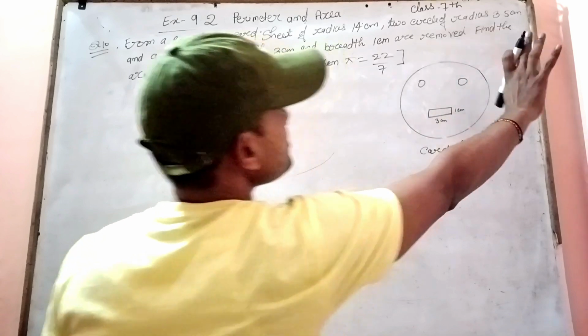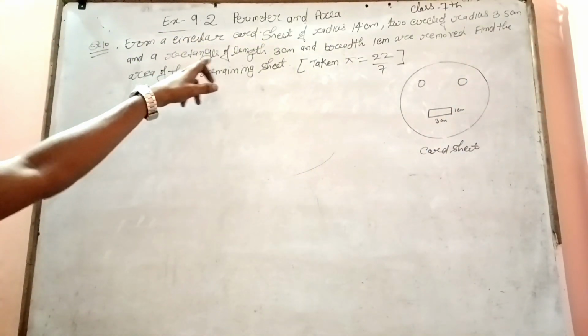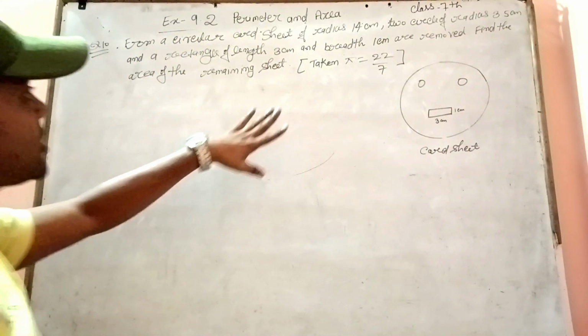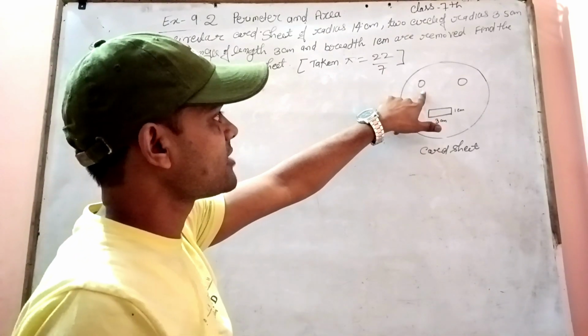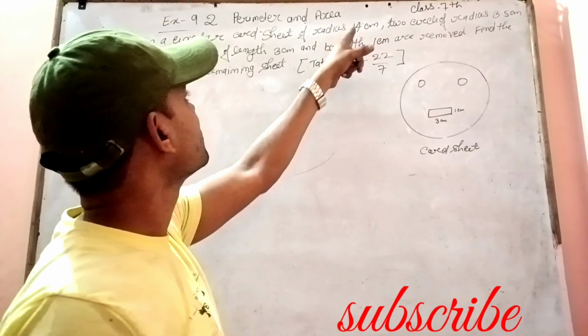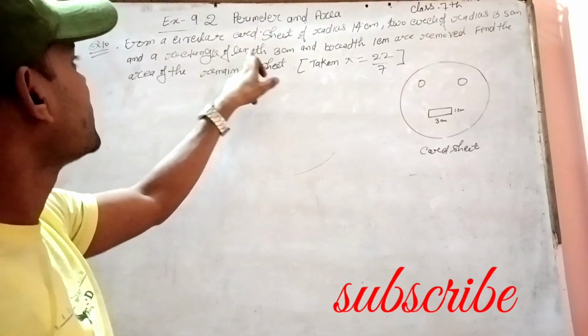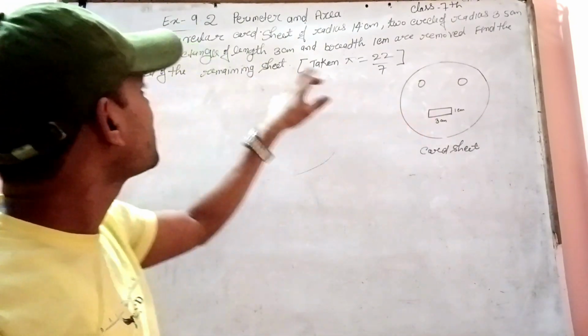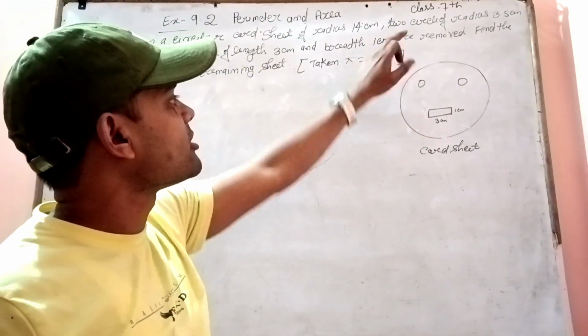Two circles of radius 3.5 centimeter and a rectangle are removed. This radius is 3.5 and this radius is 3.5, and the bigger circle's radius is 14 centimeter. The length of the rectangle is 3 centimeter and breadth is 1 centimeter.